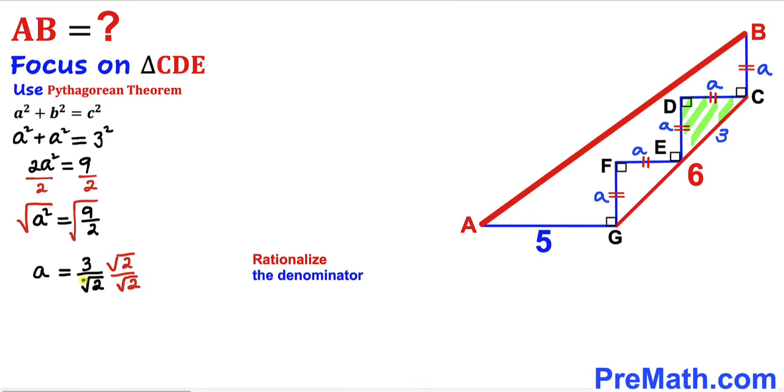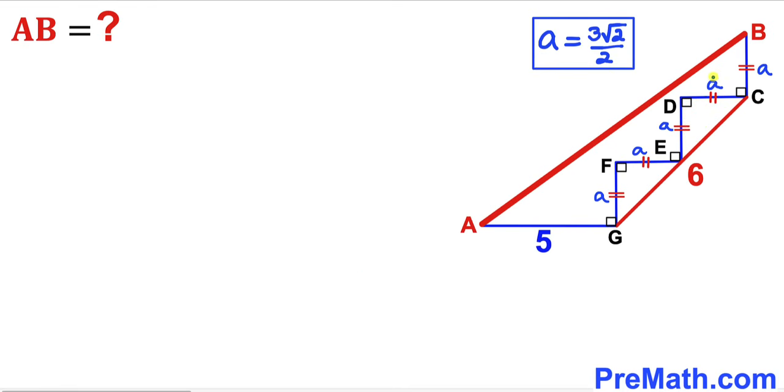Square root of 2 times square root of 2 is simply 2. So our lowercase a value turns out to be 3 times square root of 2 divided by 2.